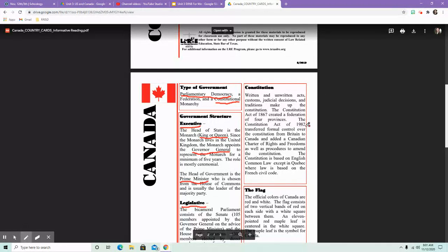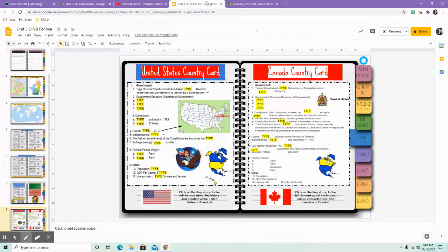The Constitution Act of 1982 transferred formal control over the Constitution from Britain to Canada and added a Canadian Charter of Rights and Freedoms, as well as procedures to amend the Constitution. The Constitution is based on English common law, except in Quebec, where the law is based on French civil code. So we have quite a few things written down here.